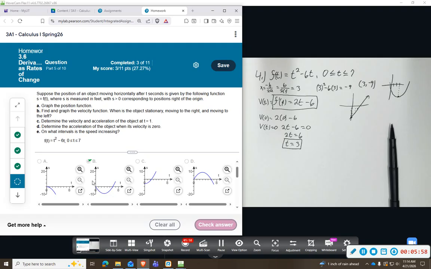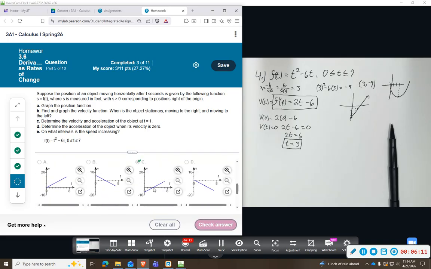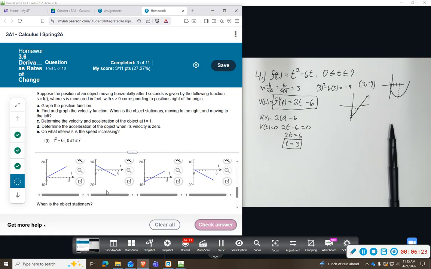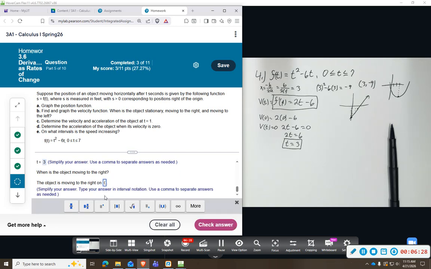Back to our position function, since it's negative, it would be going left, and positive would be going right. That also corresponds to your velocity function. Below the x-axis is negative, but when it's above, it's going right. So from 3 to 7. Since 3 was a stopping point, we put that in a parenthesis, 3, comma, and then 7 in a bracket because it's still moving to the right at that point.